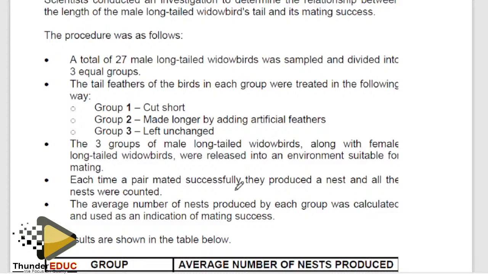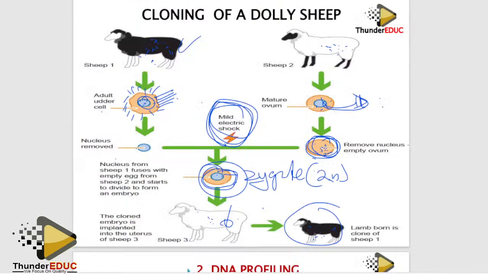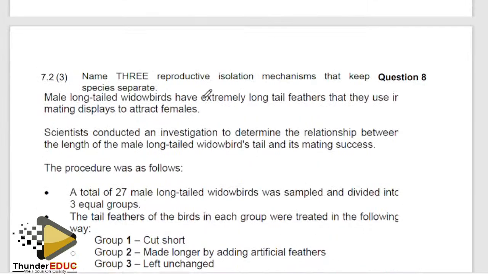Give differences between Lamarck's theory and Darwin's theory. In Lamarck's theory, organisms evolve because they want to evolve. If I want to be tall, guys, I will just stretch my head and then I become tall. That's what Lamarck says.